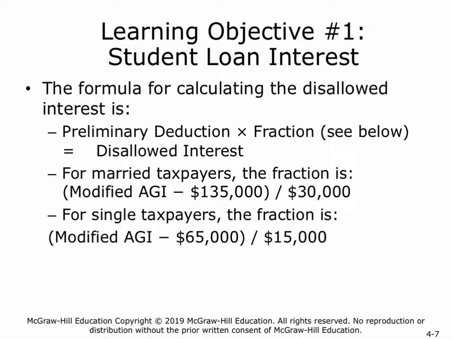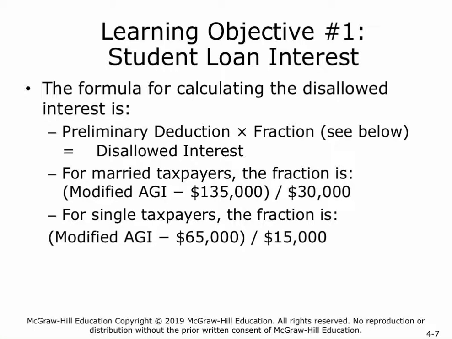If we had a modified AGI at the midpoint, say 150,000, we would insert that amount into our formula. 150,000 minus 135,000 will give us 15,000 divided by 30,000, or 50%. So 50% of the interest would be disallowed. So instead of 2,500, it would simply be 1,250 would be the allowable interest deduction to be taken.